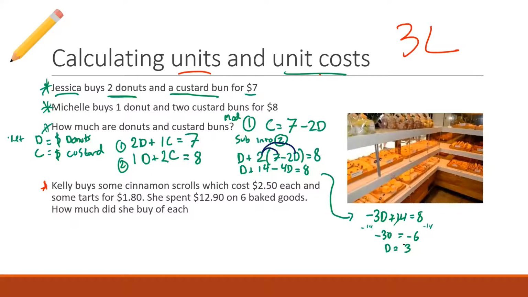The price of a donut is $3. If we know the price of a donut is $3, then let's do this properly. Sub d equals 3 into 1. What's that going to look like?